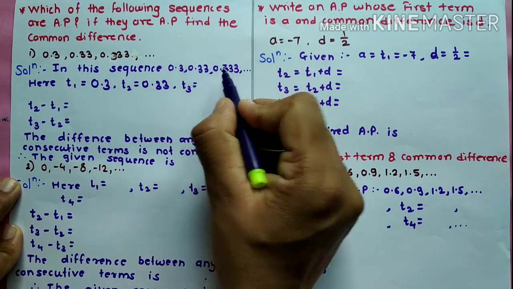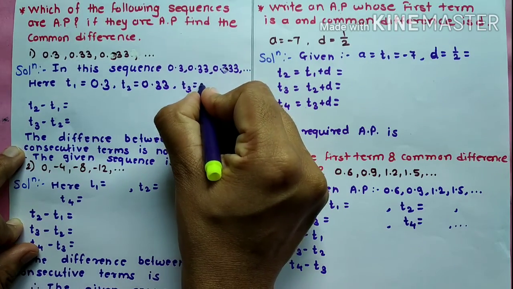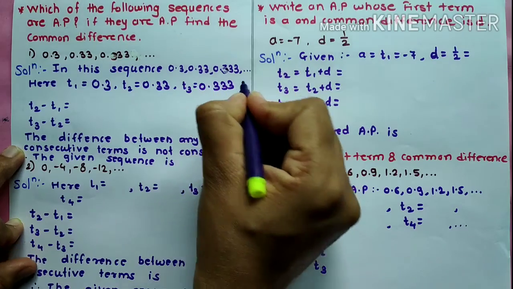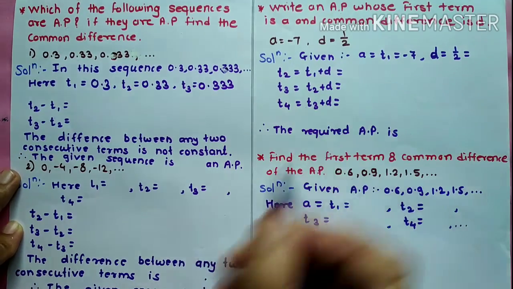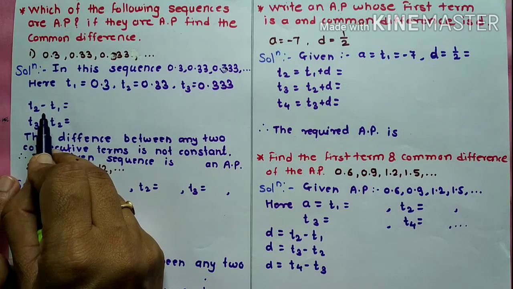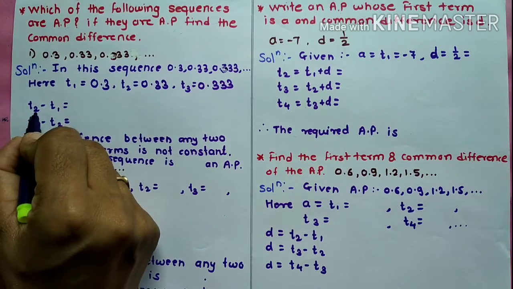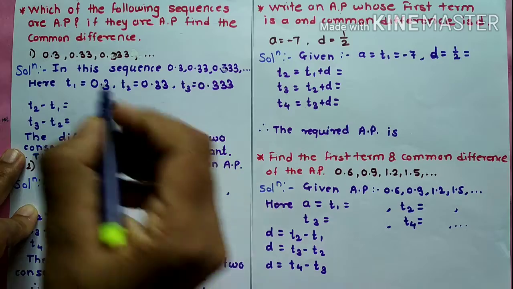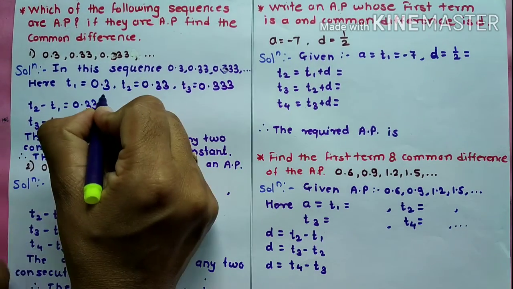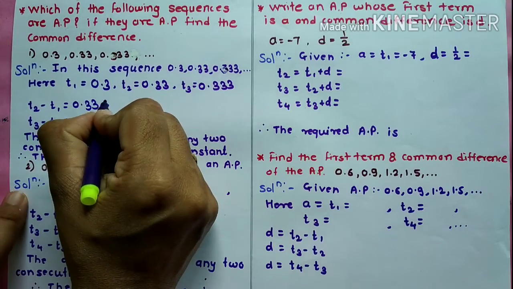Third term is 0.333. Therefore T3 equal to 0.333 and so on. Now we have to find difference between two consecutive terms. So first find T2 minus T1. So T2 is 0.33 minus T1 is 0.3.